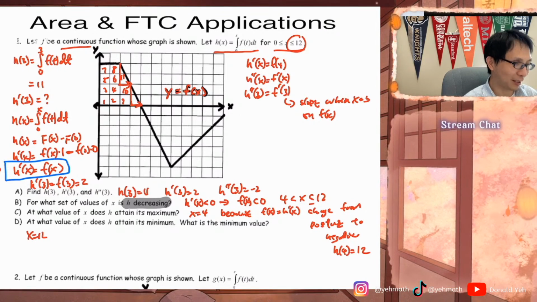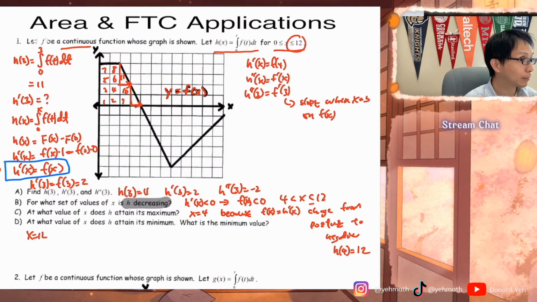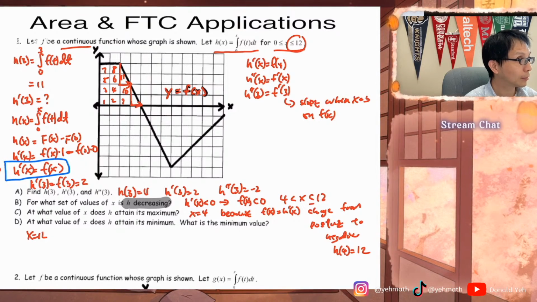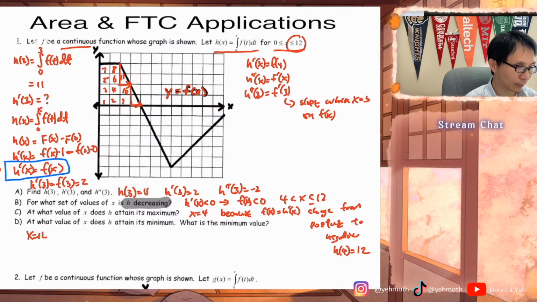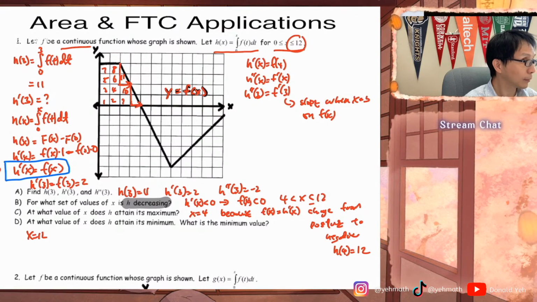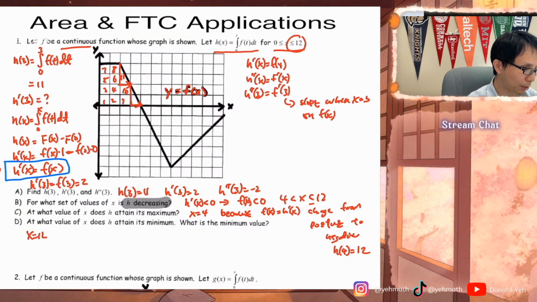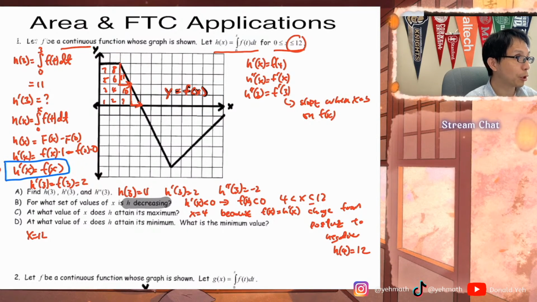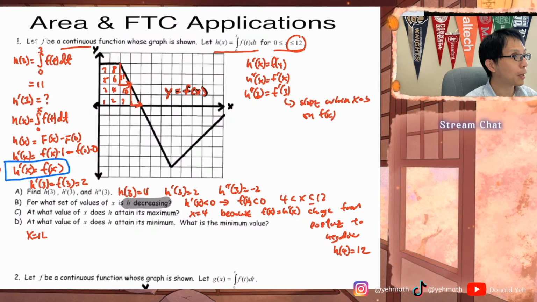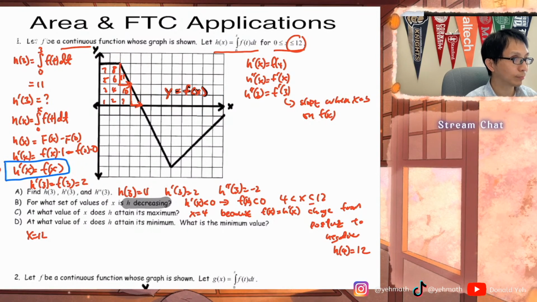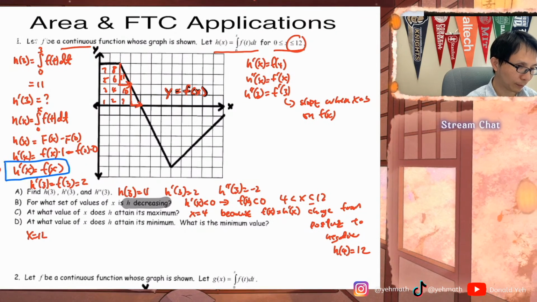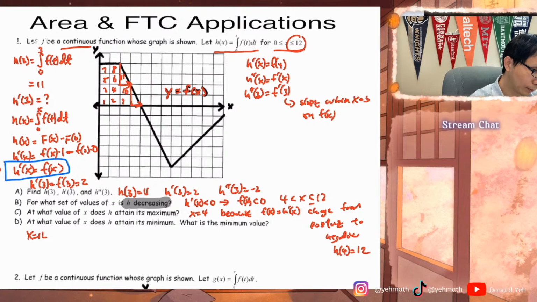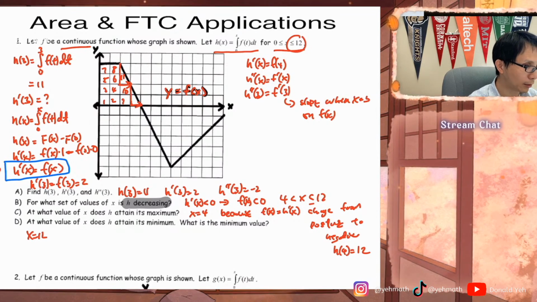So what is the minimum value here? Now you have to think about this, right? You know it's at 12. So what will happen? It's probably going to be negative.